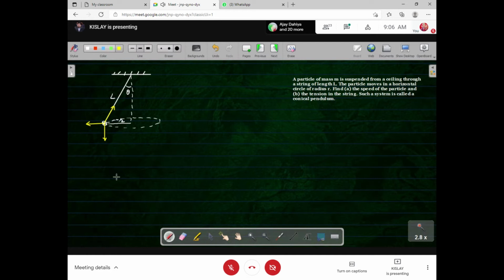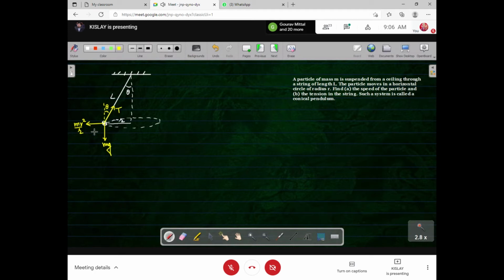Downward force is mg, and here it is mv square upon r, and here it is tension. Since this angle is theta, we can write here it is also theta. Now resolve the components.